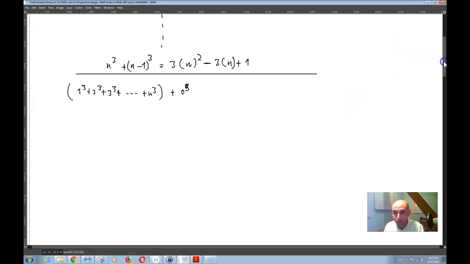Okay, so now what we want to do is basically find s of n, which is 1 squared plus 2 squared plus 3 squared plus all the way up to n squared.